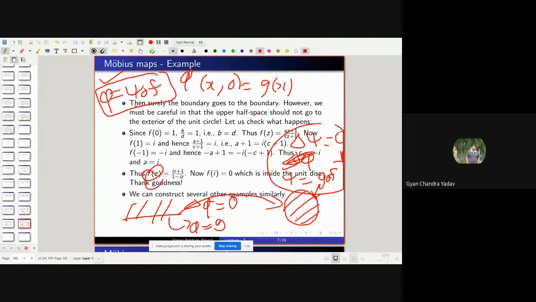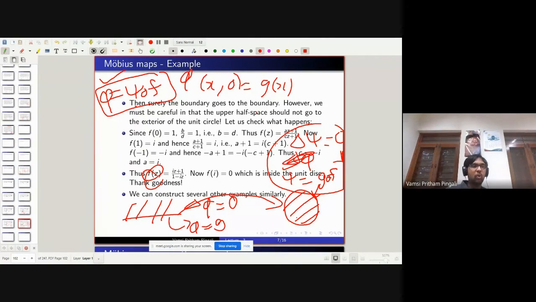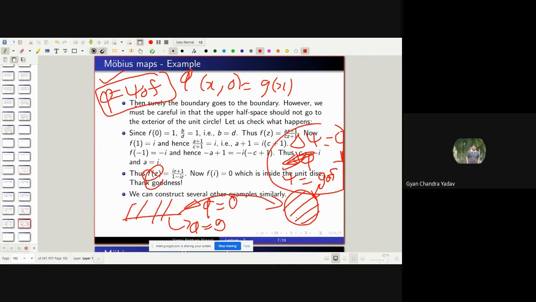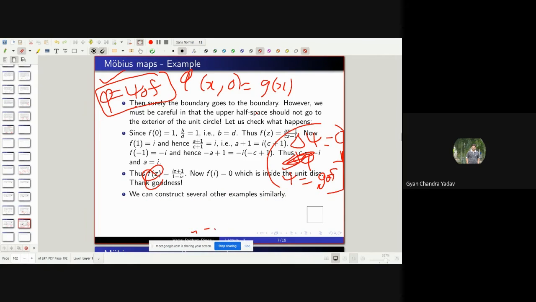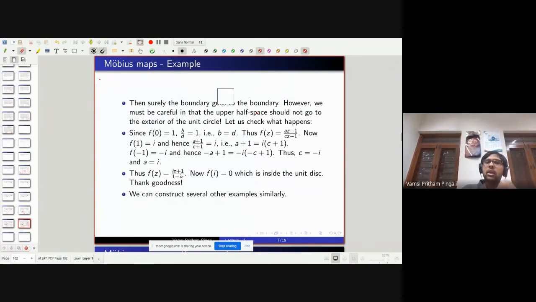Sir, a Mobius transformation maps the interior of a circle to either the interior or exterior of a circle. But in the upper half plane, how do we determine interior and exterior? What I mean is, it takes one side of the circle or the line to one side of the circle or the line. In general, the precise definition is this: let's restrict to circles and straight lines.